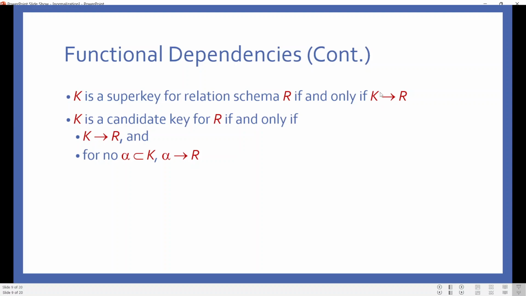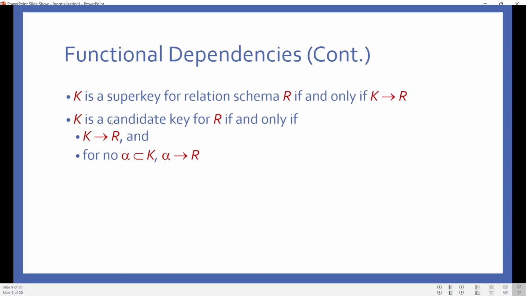K is on the left hand side, so it is the determinant, and R depends on K. That means that by knowing the value of K, you can find R. If you are able to find all the attributes of a relation R, then you can say this K is a super key. So when K is a super key, all the attributes can be determined by knowing the value of that particular attribute.